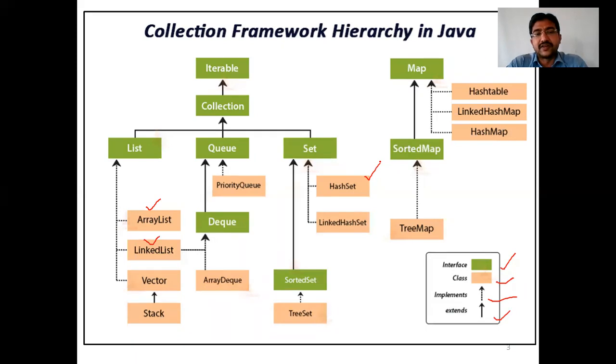Currently we are discussing only three classes, because the color indicates the class. From Iterable comes Collection, from Collection comes List, and from List we have ArrayList and LinkedList. So this is the hierarchy of the collection framework in Java.